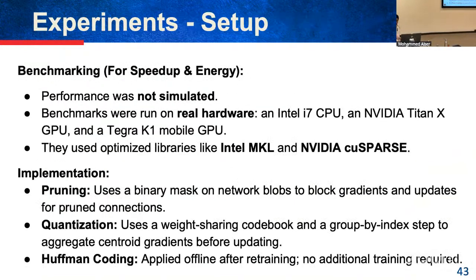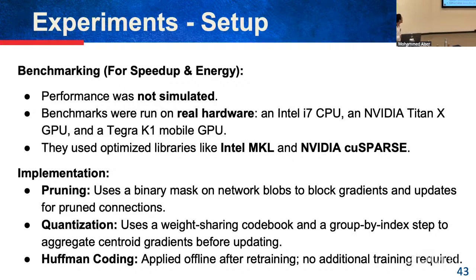Okay, so now let's discuss the benchmarking for speedup and energy. The main important thing was that the performance was not simulated. All of these experiments were run on real hardware, and the hardware was the Intel i7 CPU, which probably everyone has heard of, and the NVIDIA Titan X GPU and Tegra K1 mobile GPU, which might sound new.